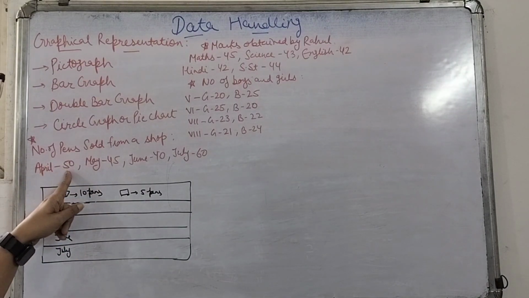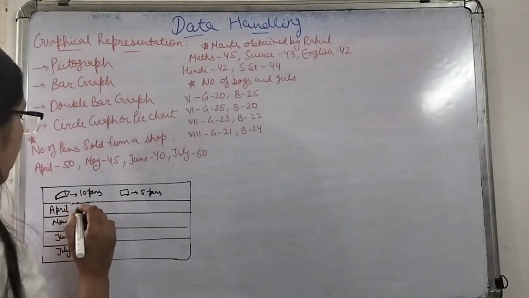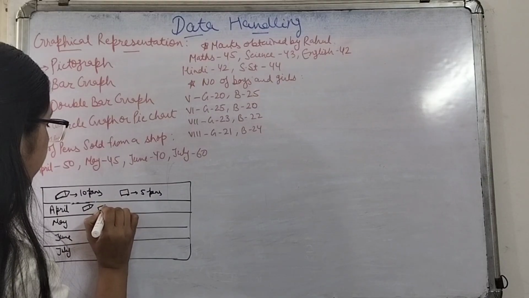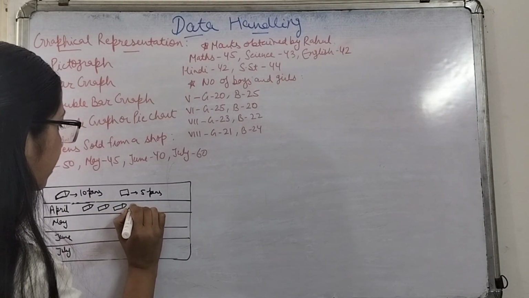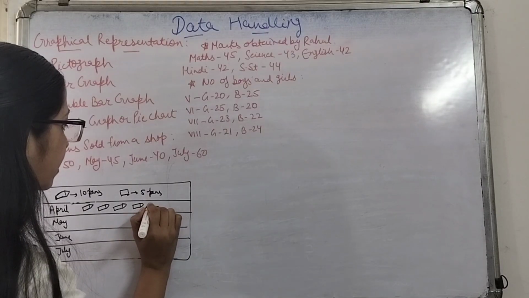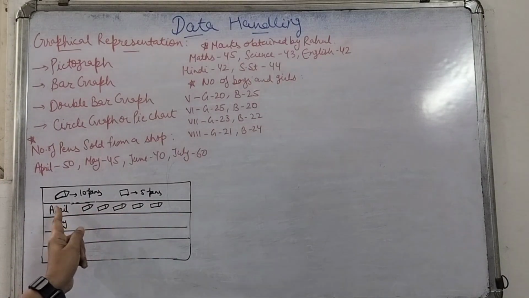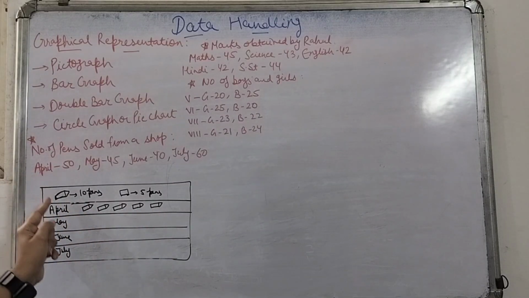That means 50 pens will be shown by 5 such figures. So this is 10, 20, 30, 40, 50. This shows that 50 pens were sold in the month of April.